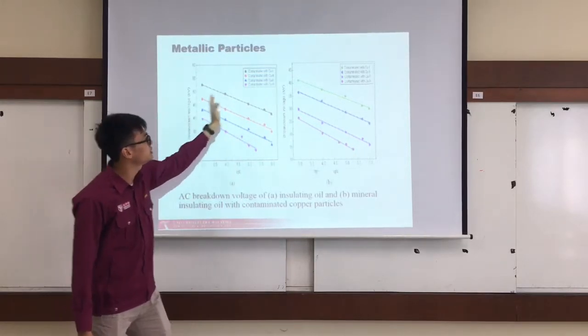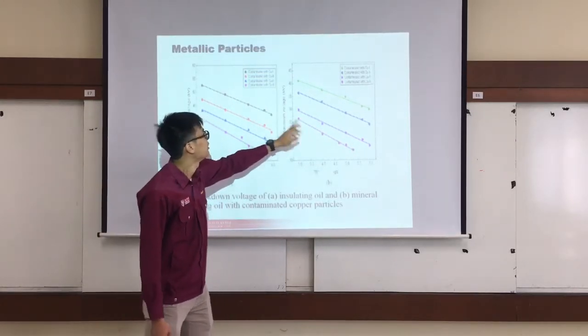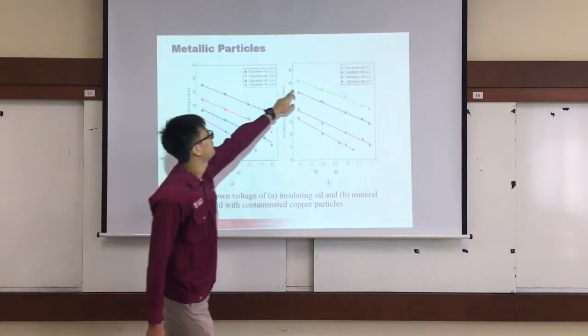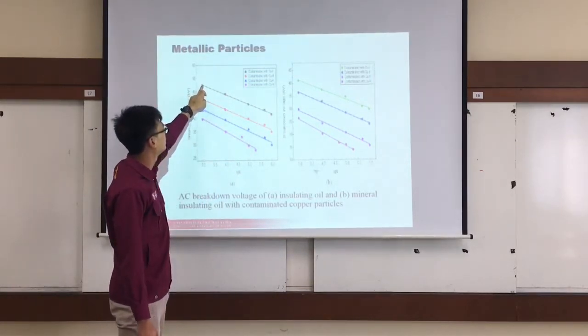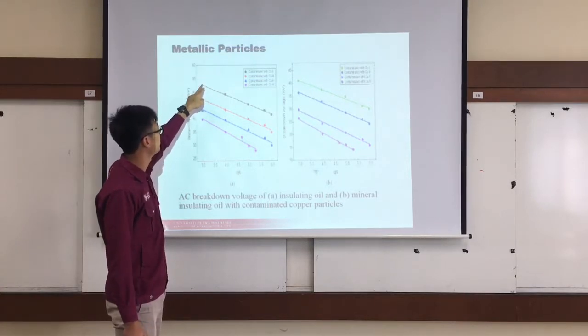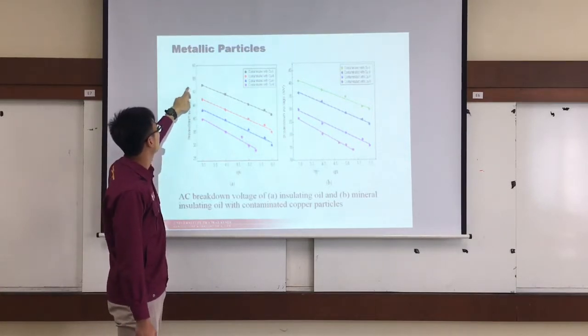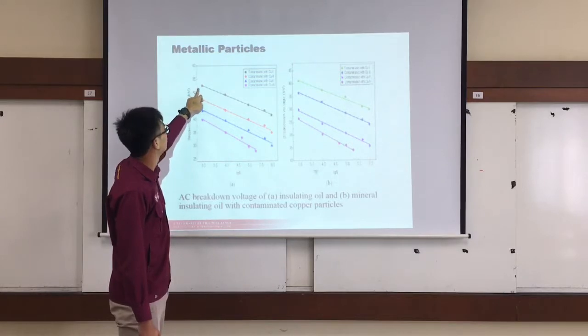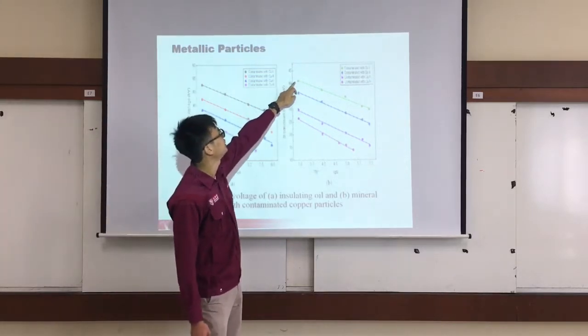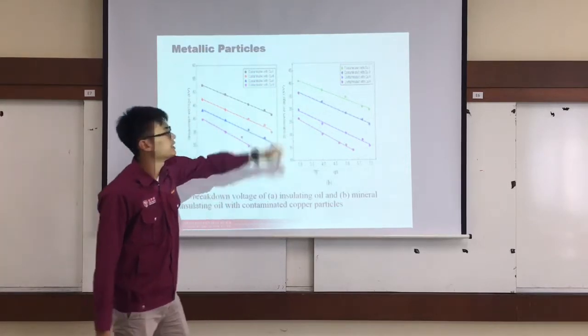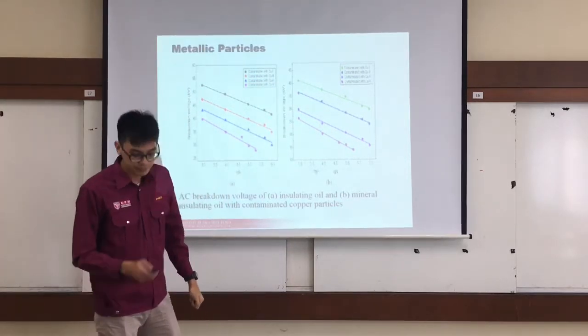As compared to this is the mineral oil. We can see that for the same particle size, the breakdown voltage in vegetable oil is about 52 kilovolts as compared to about 42 kilovolts in the mineral oil.